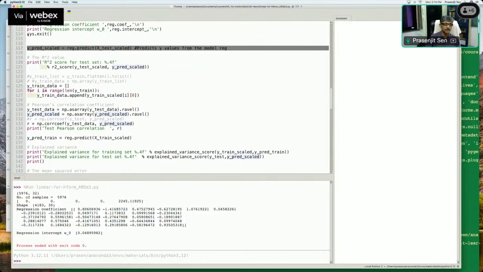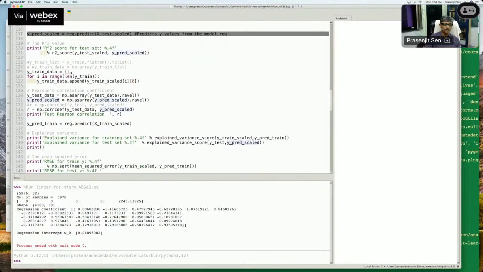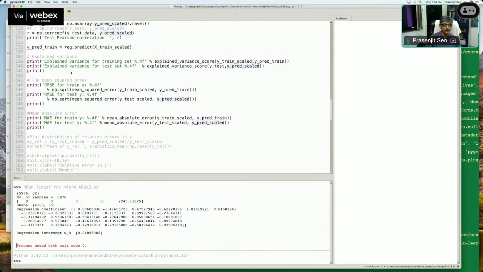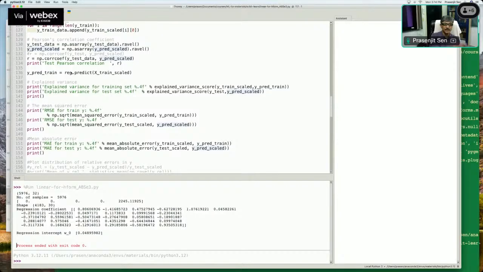So how does our model do? Before I show you how the model does, let me alert you that the predictions and the metrics that we have calculated here are all on the scaled data.